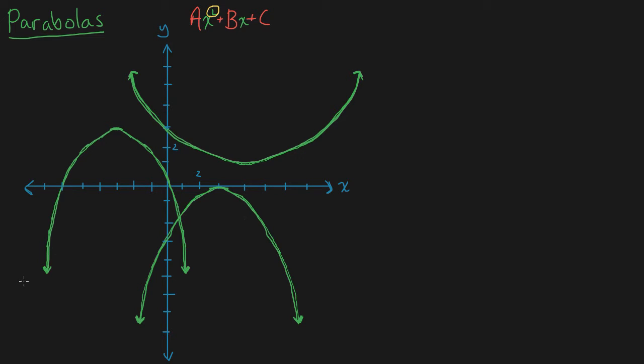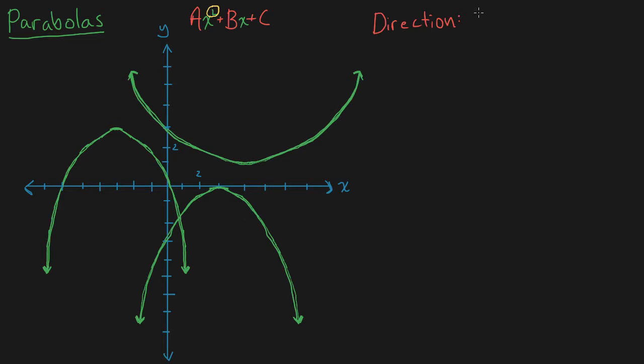So let's talk about some of the terminology of parabolas. The first thing that we can notice with a parabola is that parabolas have different direction. Looking at these three parabolas, we have one parabola that opens up and then two parabolas that open down.